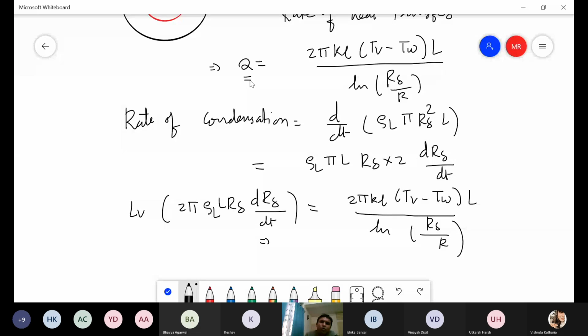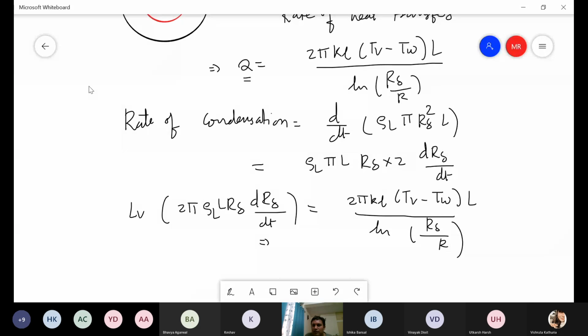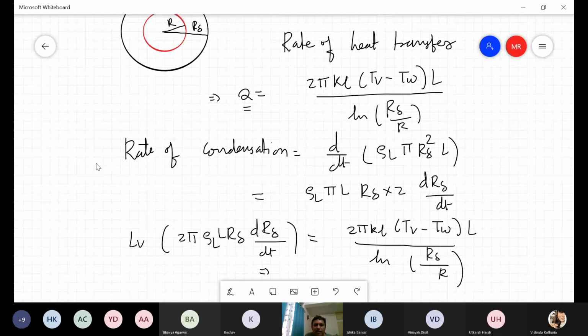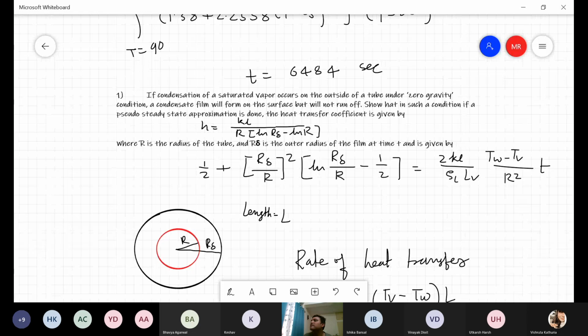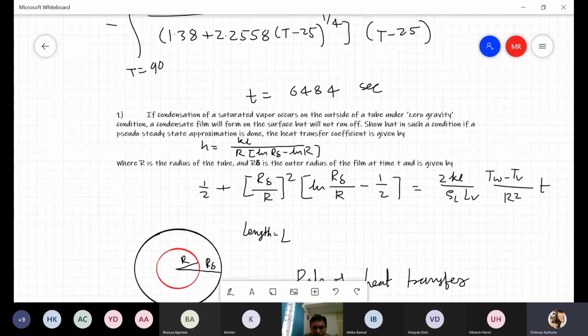But if you look at this particular balance, on the left hand side, the radius R delta is changing with time, so it's not steady state, and this balance is being made. That is why in the problem statement it is mentioned clearly that you make a pseudo steady state balance, so the pseudo steady state approximation has to be used. So that is what it means. Is it all right? Yes, sir.